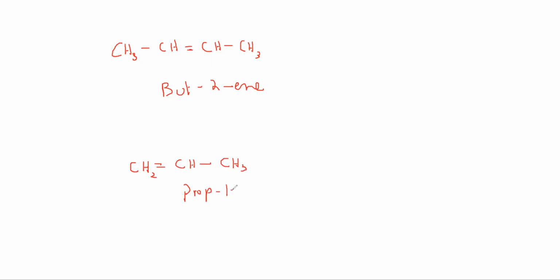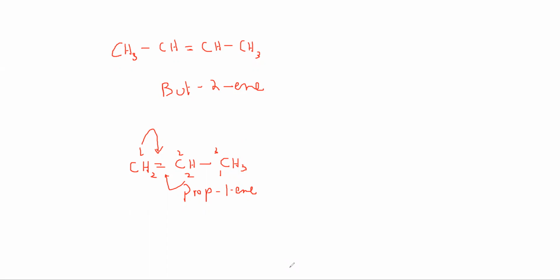1 is the position of a double bond, and ene. Because if I count from here, 1, 2, 3, so first carbon is having a double bond. If I count from right hand side, the second carbon is having a double bond. So it is prop 1 ene or propene. Even if you write propene, that's also correct.